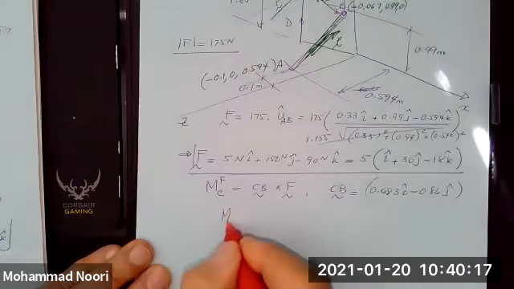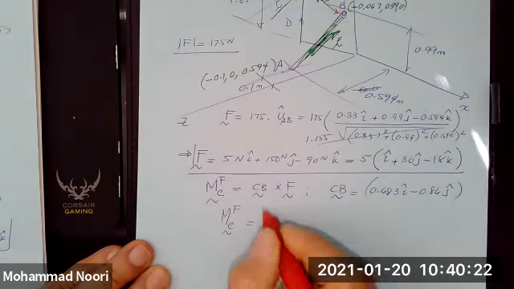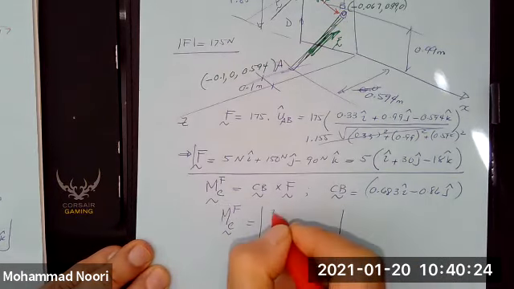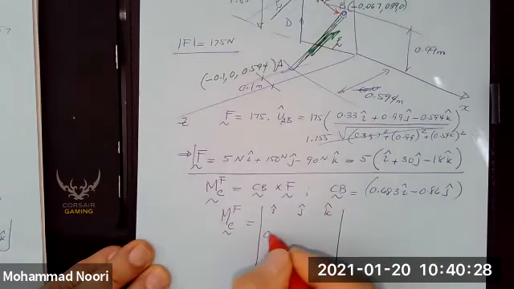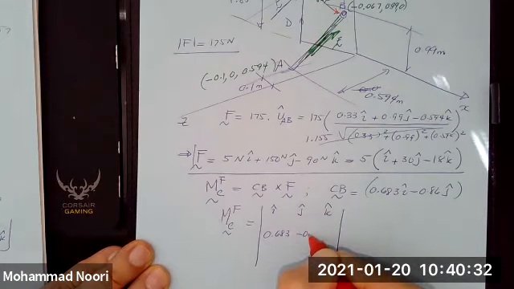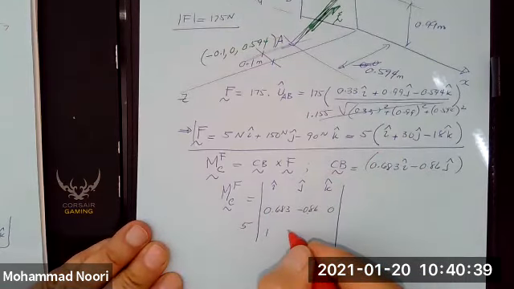So this moment of this force about C would be evaluated by setting up this determinant: 0.683, negative 0.86, 0; force is 130, 18.